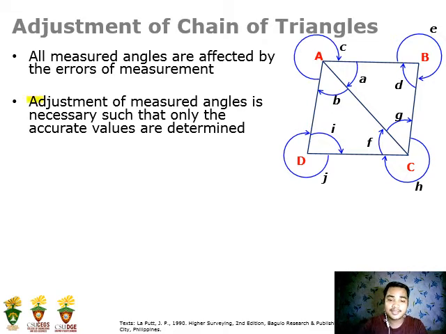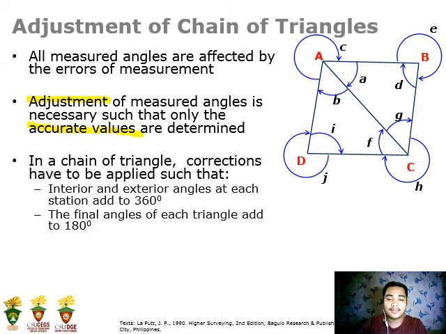So we adjust them to attain accurate values. Then in a chain of triangles, corrections have to be applied such that the interior and exterior angles at each station must add up, and should equal 360 degrees.